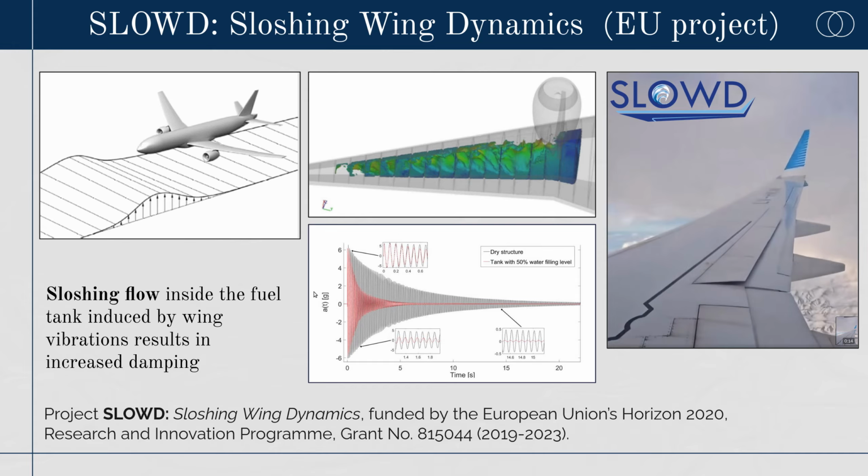When an aircraft encounters a gust of wind, the wing can start to vibrate. The damping of this vibration is strongly influenced by the sloshing of the fuel. This effect can be significant and therefore must be carefully taken into account in the aircraft design.